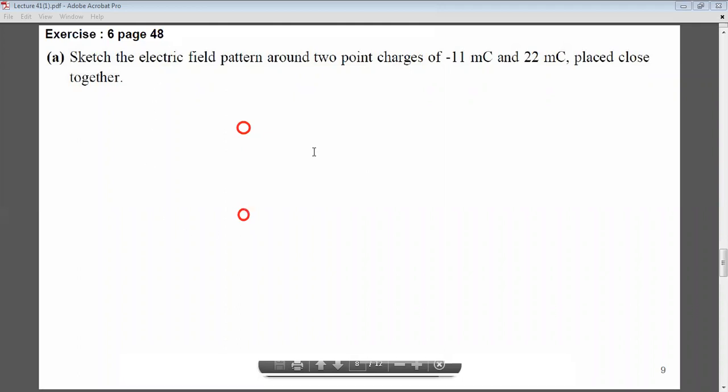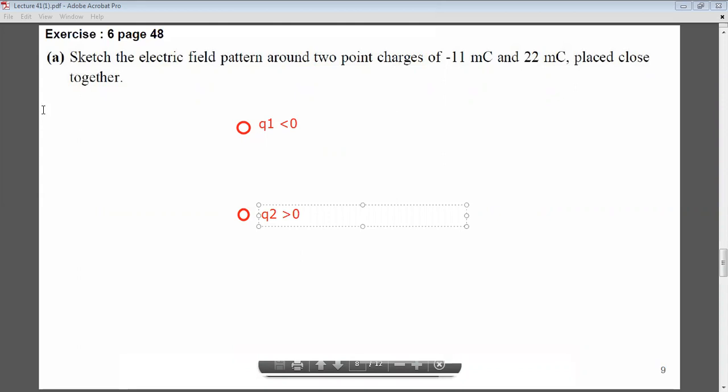This is Q1, it's negative. This is Q2, it's positive. Overall we will have lines going outward, but they will be attracted by the other one.